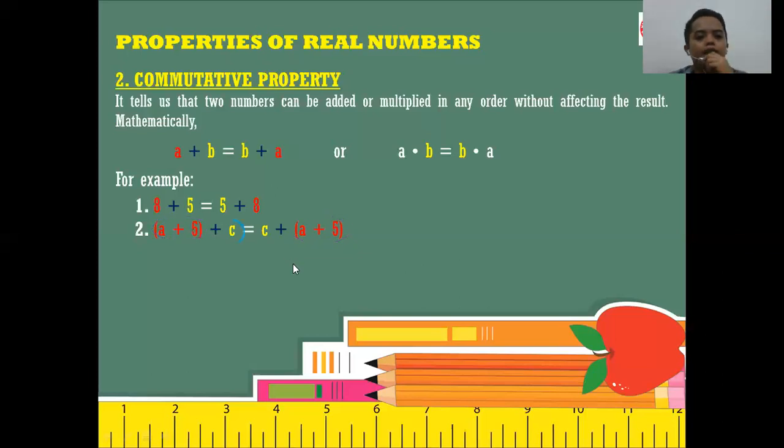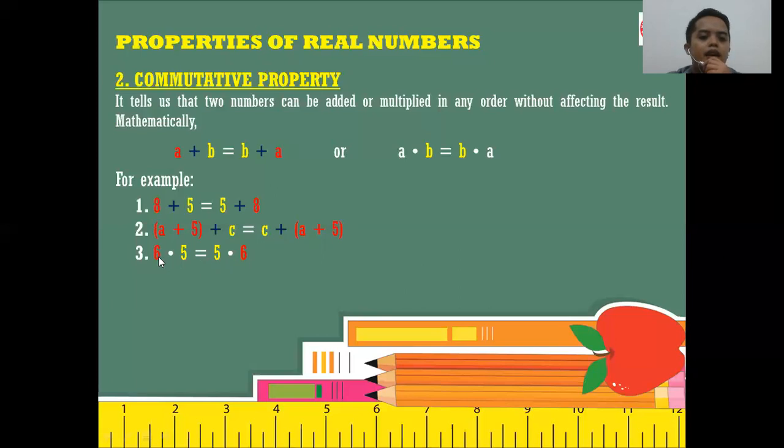Now, let's have problem number 3. 6 times 5 is equal to 5 times 6. Now, this dot between 6 and 5 means times. So 6 times 5 is just equal to 5 times 6.